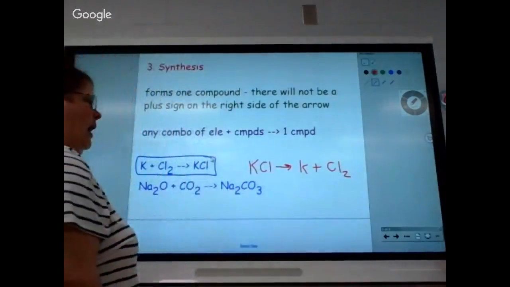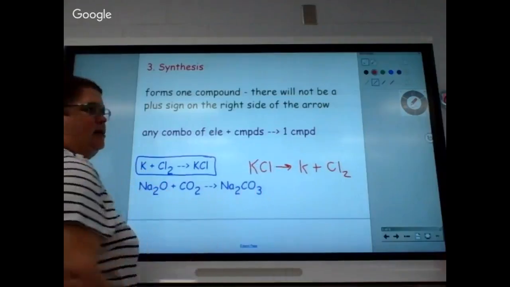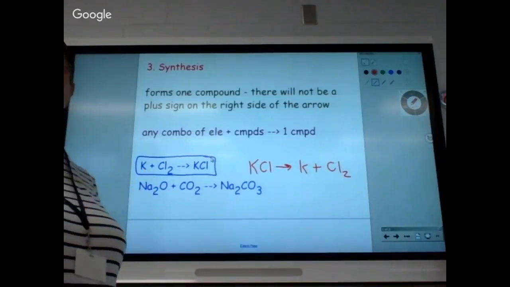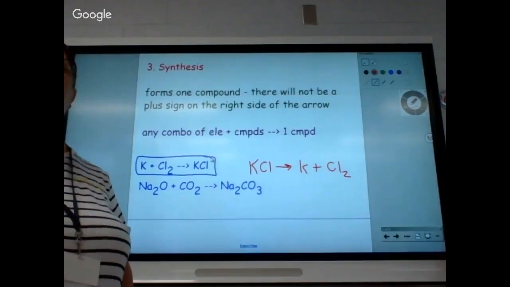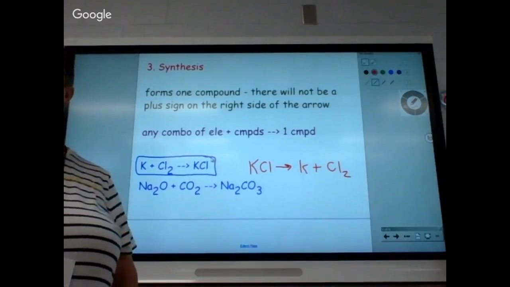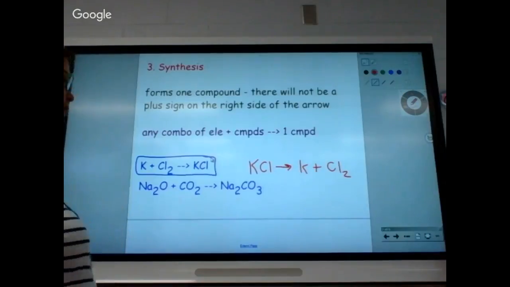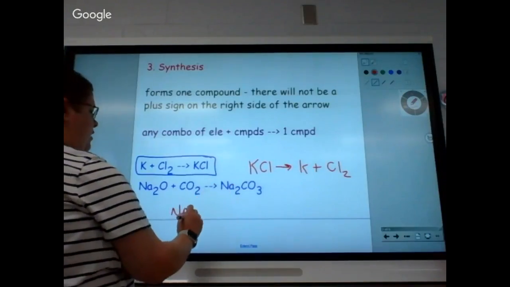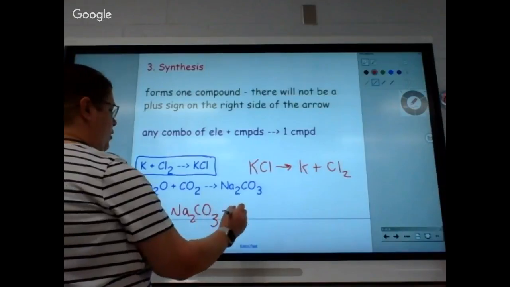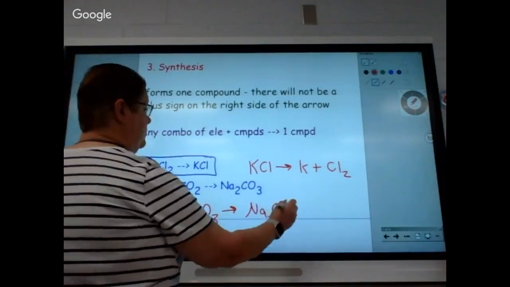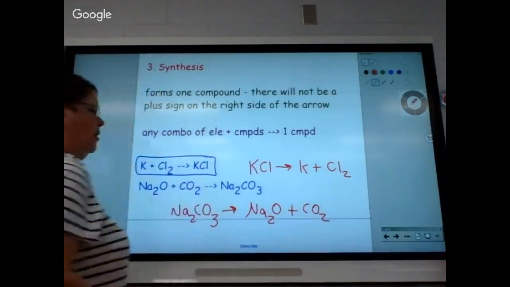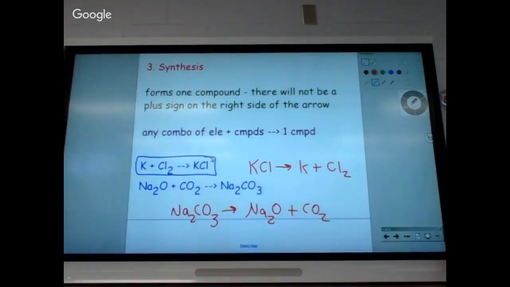If I write it this way, now I've made it what kind of reaction? A decomposition reaction, because there's no plus sign where? On the left, okay? They're opposites of each other. I could just as easily have done it with this reaction and flip this one so it changes into that, okay? They're both able to be flipped. So if the plus sign is on the left, where you're adding it together, and there's no plus on the right, it's synthesis. But if there's no plus on the left, it's decomposition.